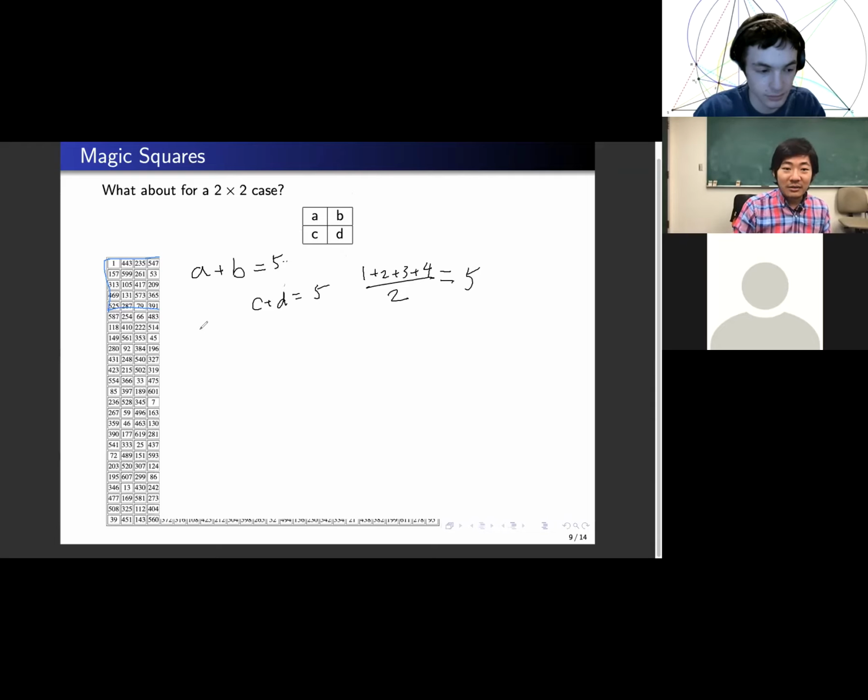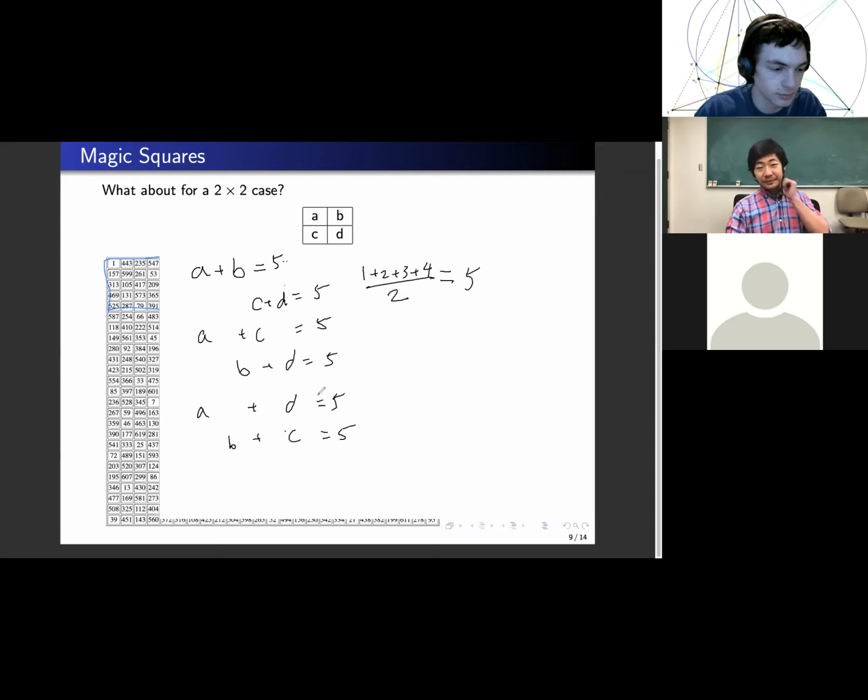And we also want a plus c to be 5, and b plus d to be 5, and a plus d to be 5, and b plus c to be 5.